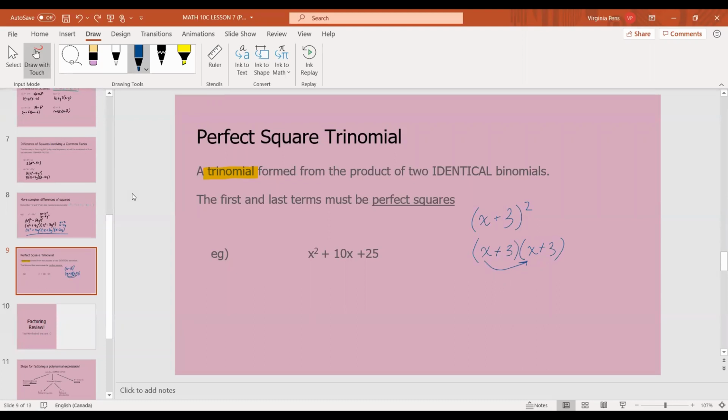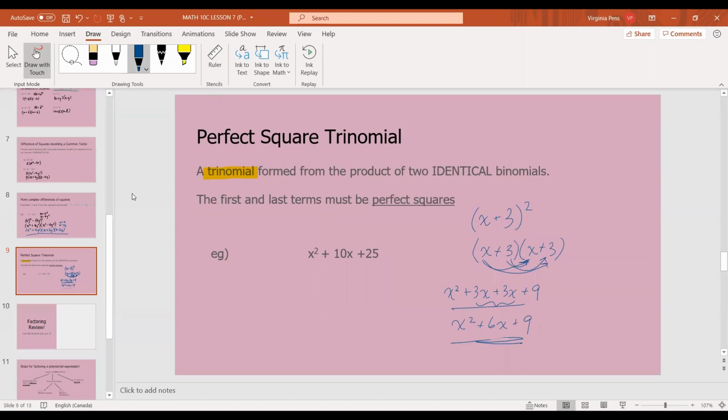First, x times x is x squared. Outside, x times 3, which is 3x. Then inside, 3 times x, which is also 3x. Then last, 3 times 3, which is 9. Now, we're not finished here because we can combine these two like terms, which becomes x squared plus 6x plus 9.